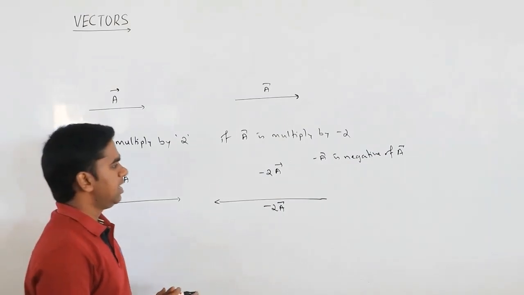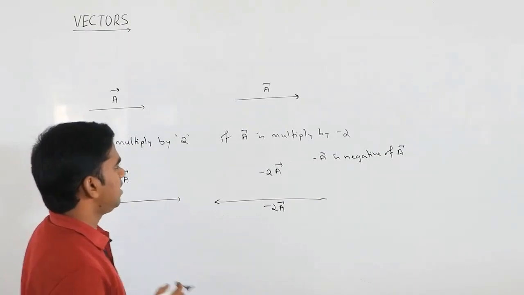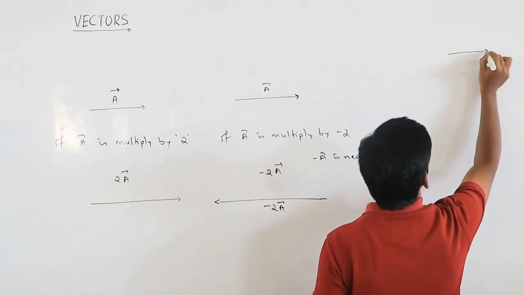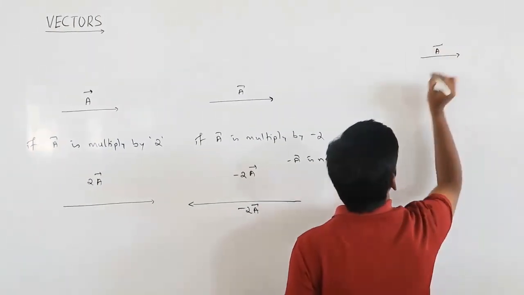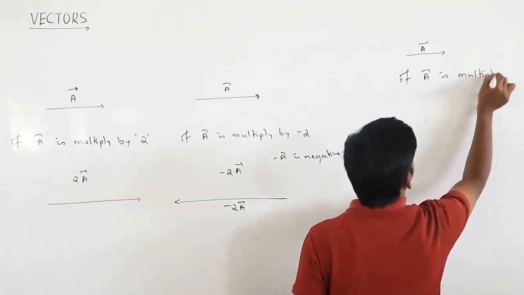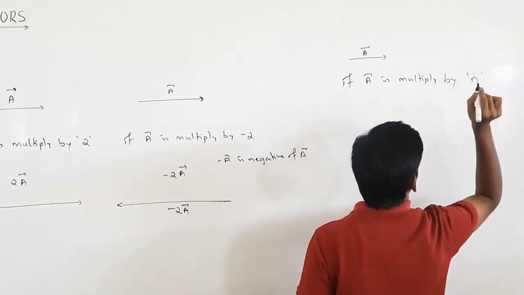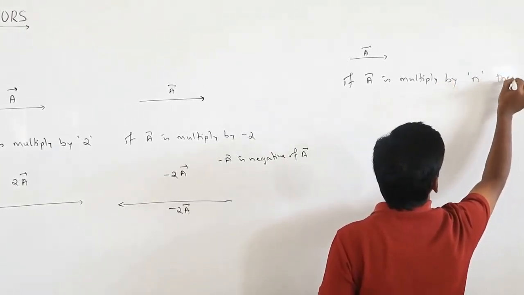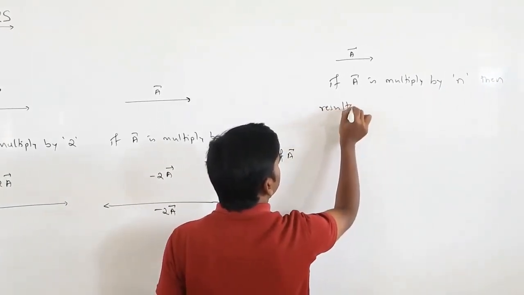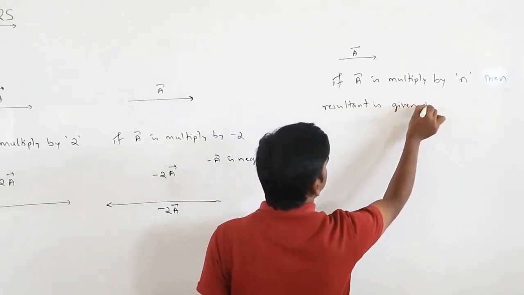Then in general, if I multiply vector a by some number n, then the resultant is given by n into a.